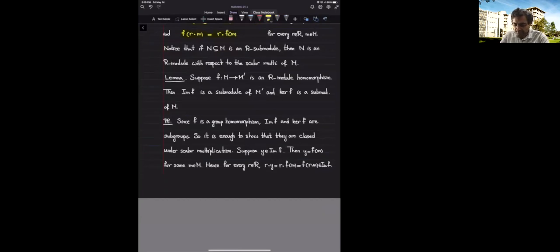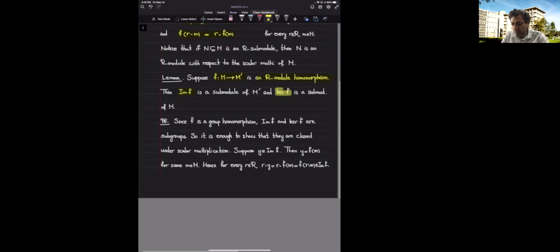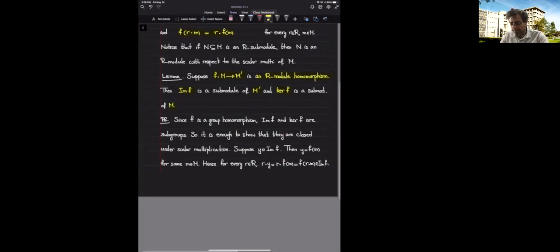So again, the thing that I want to show is that if I give you an R module homomorphism, then its kernel and its image, both of them, are submodules. Of course, image would be a submodule of the codomain, and kernel is a submodule of the domain.